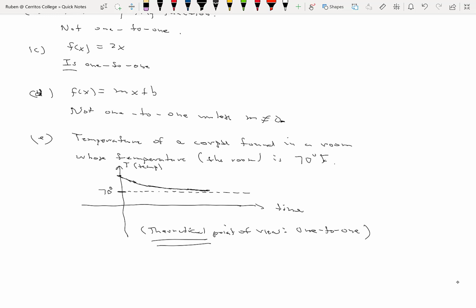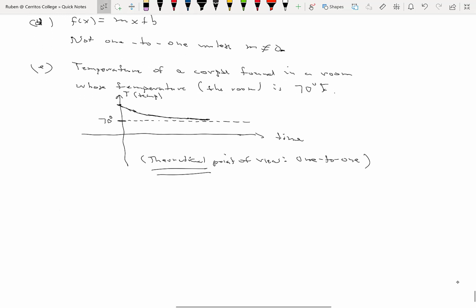Don't concern yourself with questions like this popping up on tests. I'm not going to make you differentiate between a real life example and a theoretical model and so forth.